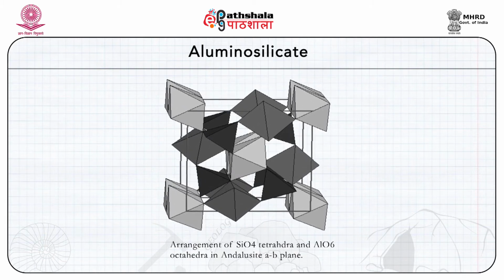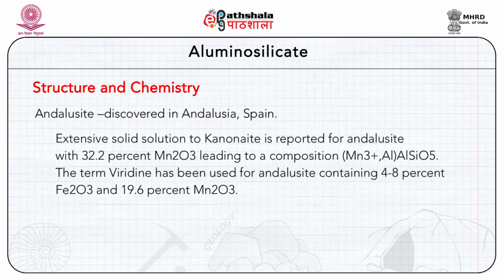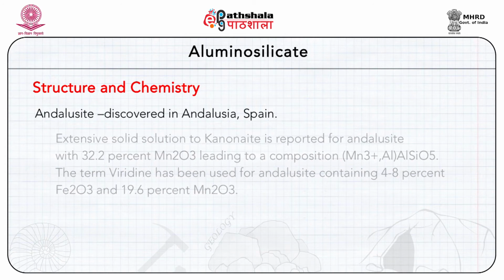The mineral is relatively pure Al2SiO5 and shows substitution of Mn3+ and Fe3+ for octahedral aluminum. Extensive solid solution to kanonaite is reported for andalusite, with 32.2% Mn2O3 leading to a composition Mn3+AlSiO5. The term viridine has been used for andalusite containing 4 to 8% Fe2O3 and 19.6% Mn2O3.